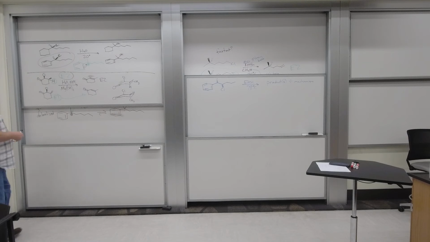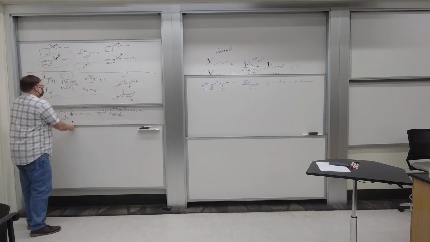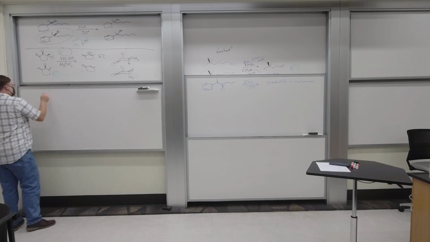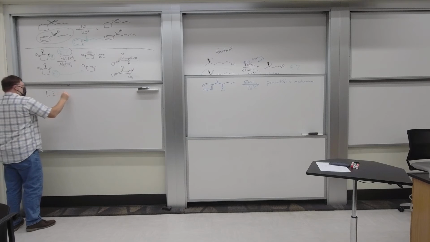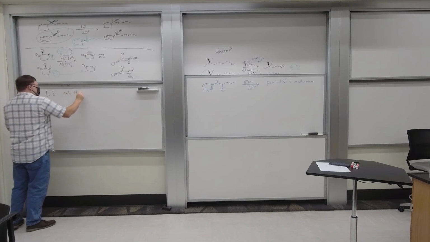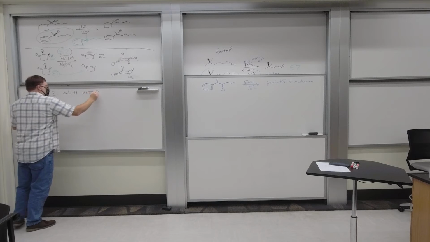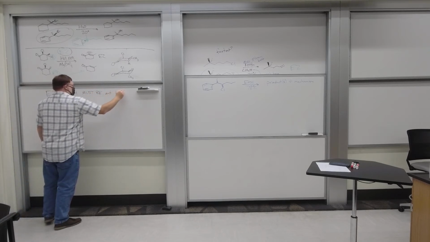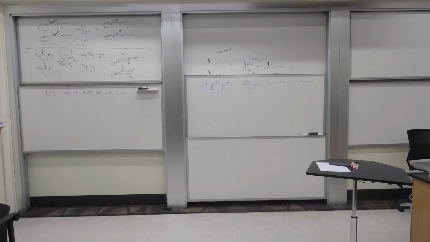Let me write some stuff down here. So E2 is faster than E1, but the proton in the E2 reaction that gets abstracted has to be anti-coplanar with the leaving group.